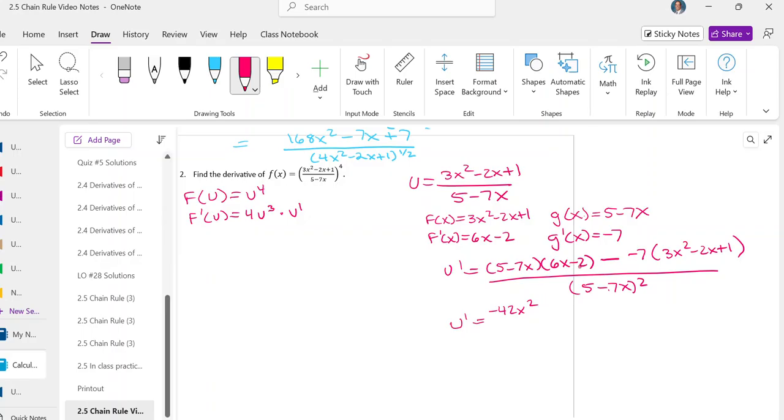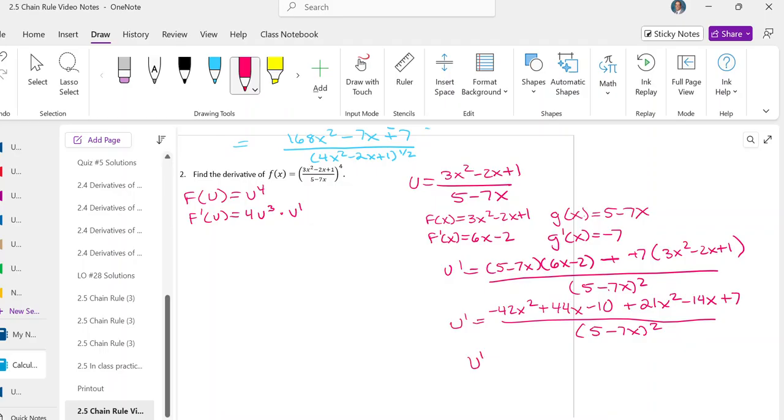So it's going to be 14x and 30x, so plus 44x, and then minus 10. Here you can make it plus plus, so when you distribute you get plus 21x squared minus 14x plus 7 all over 5 minus 7x squared.